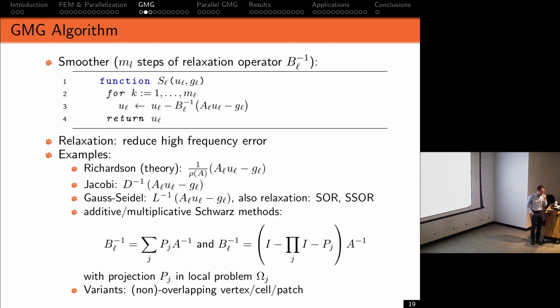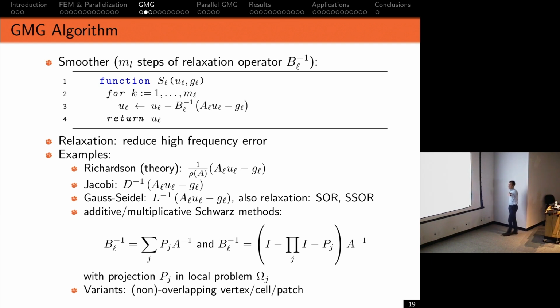I don't want to get too much into the smoothers, but you can think of it as some kind of relaxation that I do. What's done in the theory is, if you solve AU equal G, then that's the residual, right? And you can just dampen it by the spectral radius. You can do all kinds of simple diagonal approximation, inverse of the diagonal or whatever, or you can get more fancy.